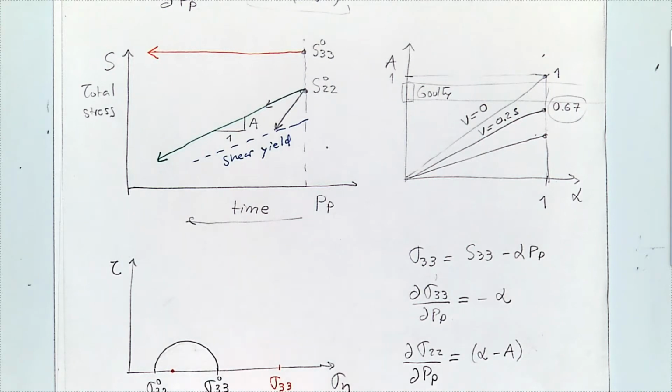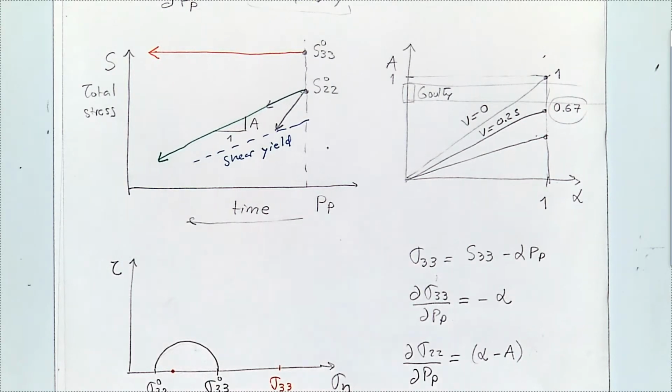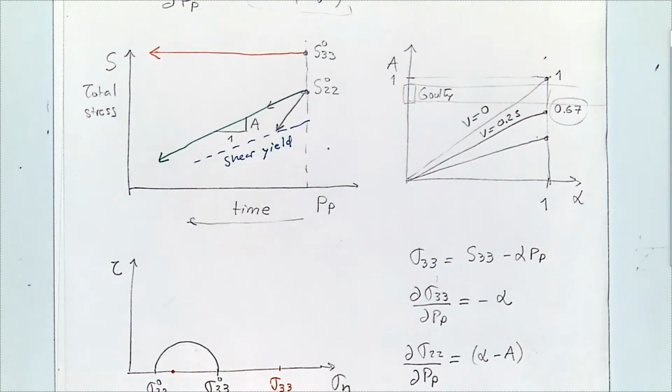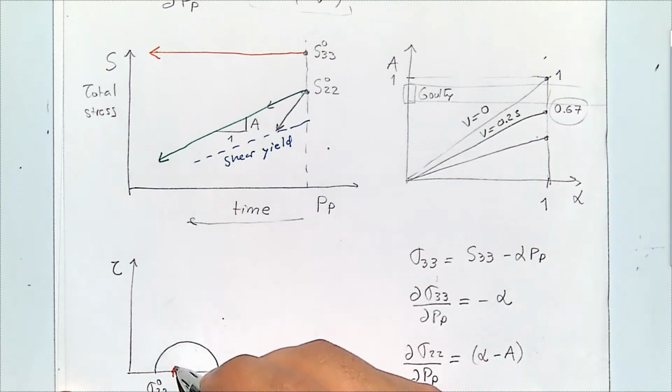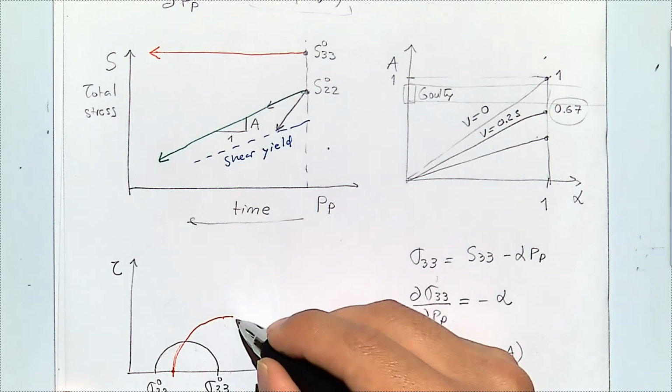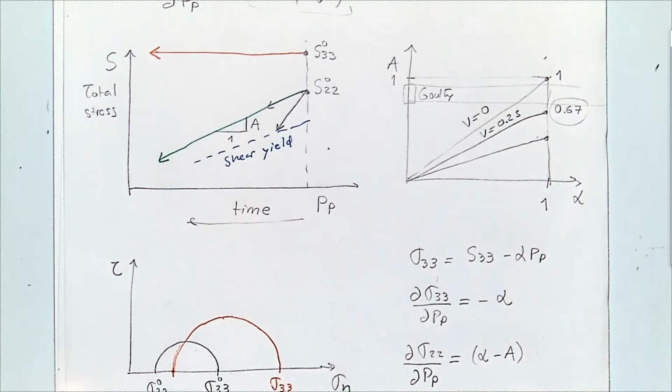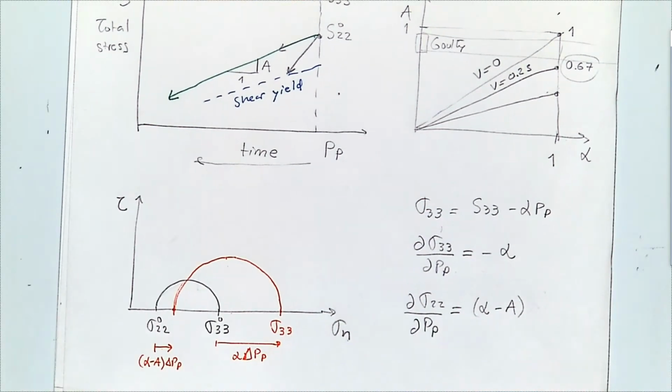And the amount it increases is going to be alpha minus A delta pp, and the result of that is going to be a Moore circle which has a bigger diameter and it moves to the right. So both effective stresses are going to increase.